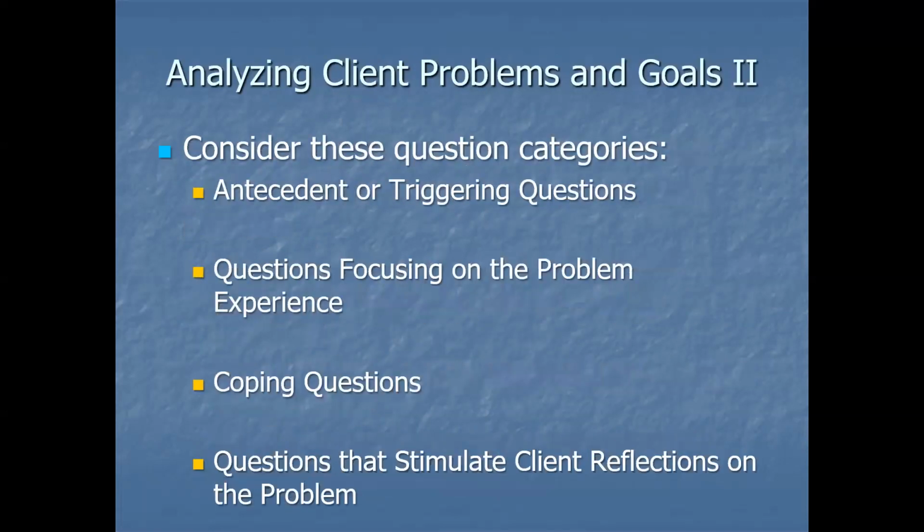When we are thinking about these types of questions, first, triggering questions are essentially to get them to not be triggered emotionally, but to be triggered cognitively. Get them to start thinking about what exactly is happening, the who, when, where, what, why, and hows of the problems or the symptoms that they're talking about.